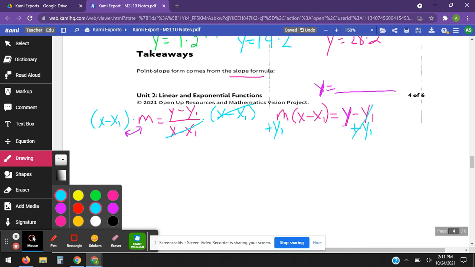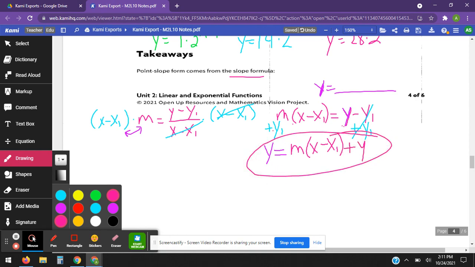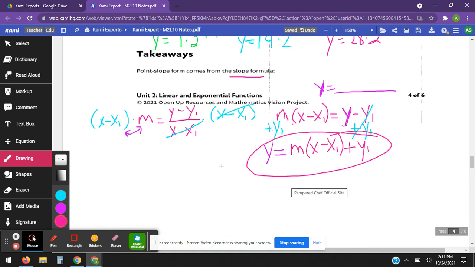Well, I'm going to rearrange this a little bit. y equals, what do I have left on this side? Well, m(x minus x1), and then I've added my y1 on the end. That is my formula that I have been using. I put in my point here, my x comma y, and I figure out my slope and plug it in.